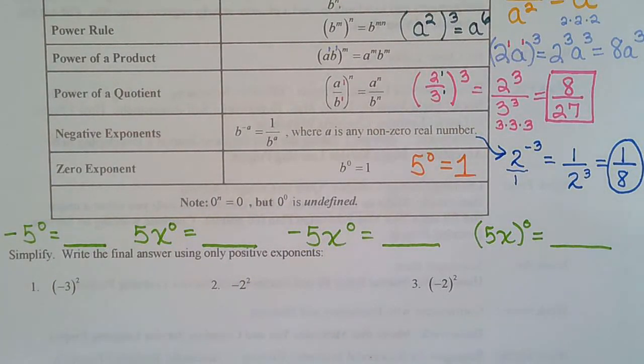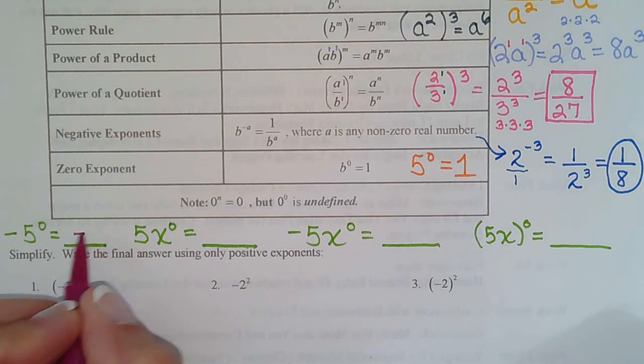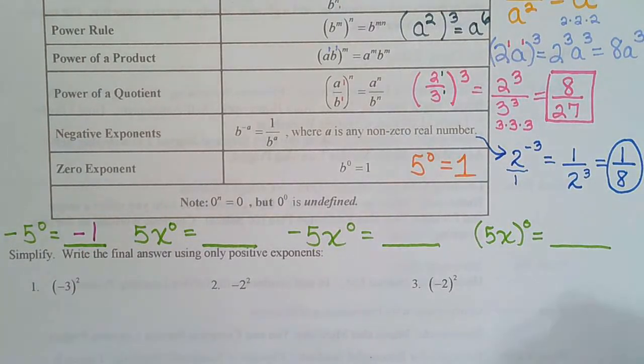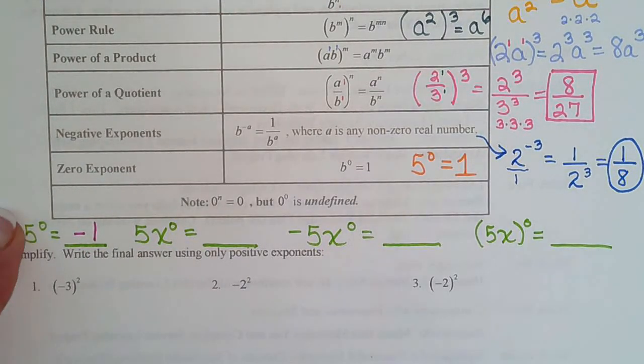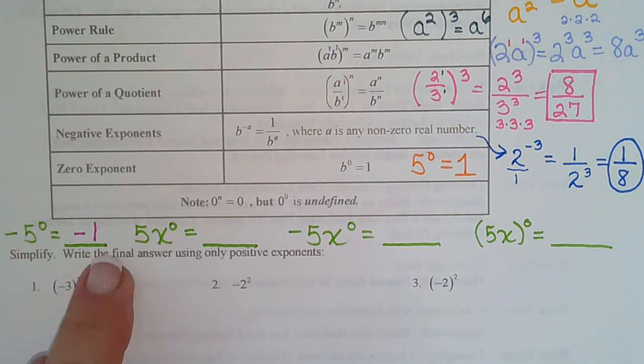So this answer is really negative 1. So we evaluate the exponent, because please excuse my dear Aunt Sally says if there aren't parentheses, that's first. 5 to the 0th is 1. This says change the sign. This is read as the opposite of 5 to the 0th. Well, 5 to the 0th we just said is 1, so the opposite would be negative 1.